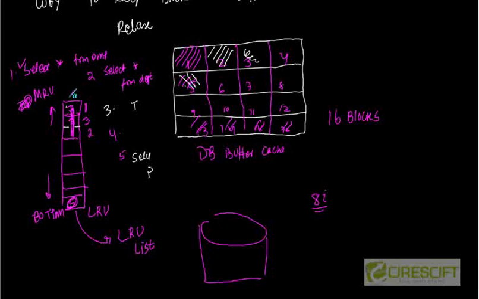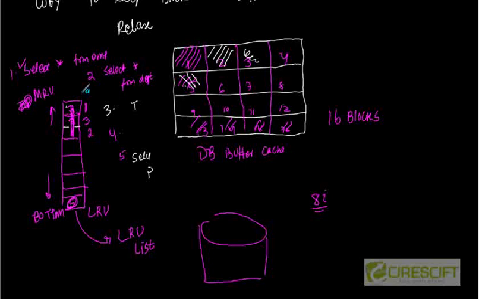So this is how, with a small buffer cache, I can manage my popular data blocks, and by using this kind of algorithm I can keep those popular data blocks. The goal is to keep the popular blocks and release the ones that are not popular.